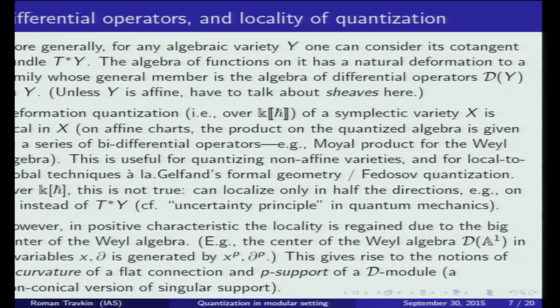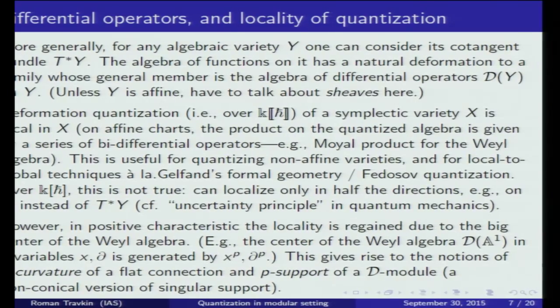This is useful for quantizing non-affine varieties and for local-to-global techniques, as in Gelfand's formal geometry or Fedosov's quantization. Over the polynomial algebra, however, over K of h bar, this is no longer true.